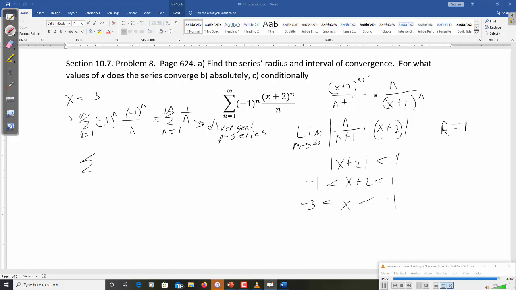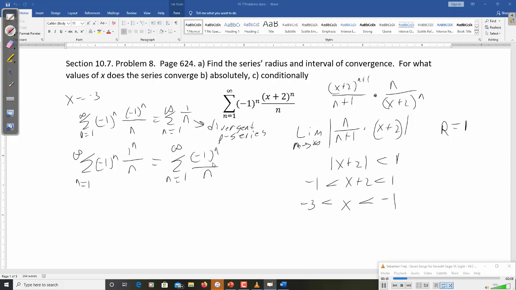If we look at -1, that's going to be -1 to the n times +1 to the n over n, which we can really ignore the 1 to the n, so that's n equal 1 to infinity of -1 to the n over n.